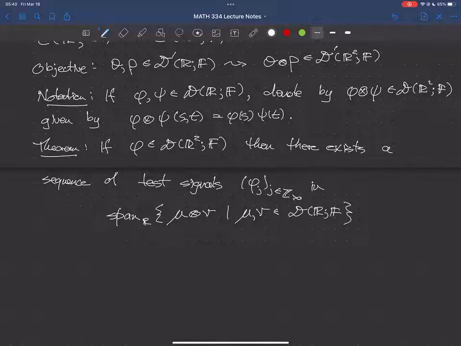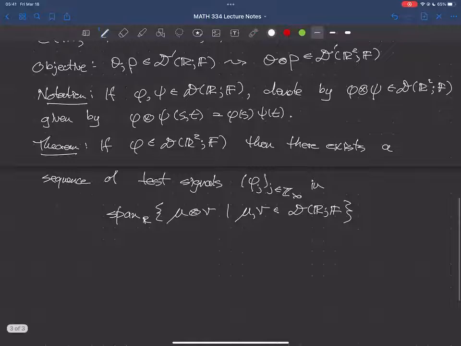Let me clarify what I'm saying. This is going to be some subspace, and the phi j sequence is going to be in that subspace, the subspace spanned by all distributions in two variables obtained in this way. So this is going to be a subspace of D of R2.